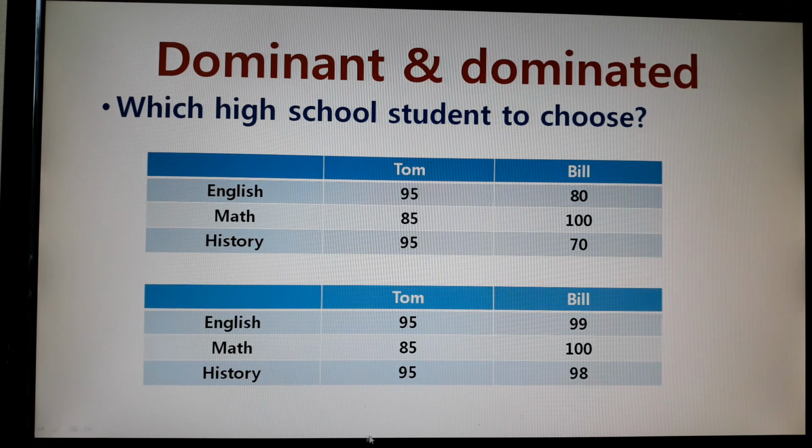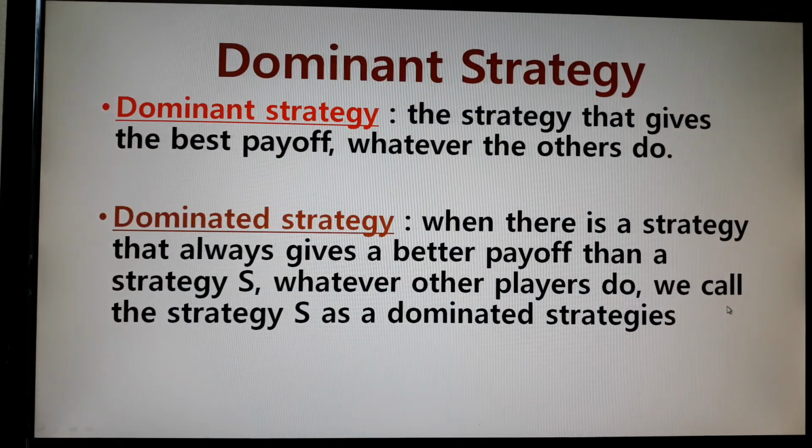Just worse than one other. We call that dominated. Okay, so in order to find out a dominated strategy S, you find a strategy T that is better than S. Then S is dominated.